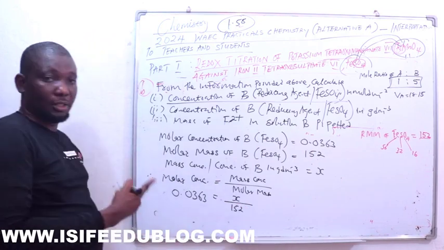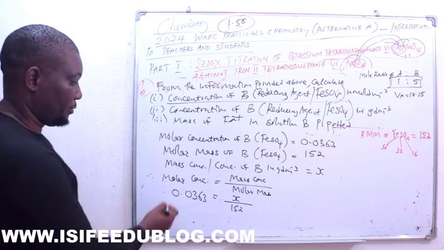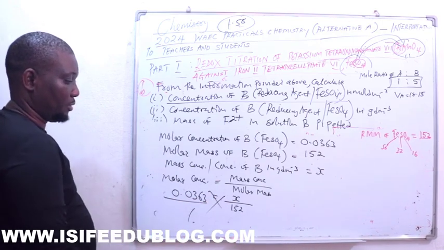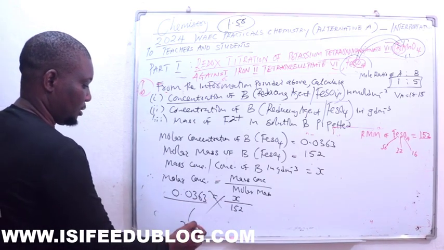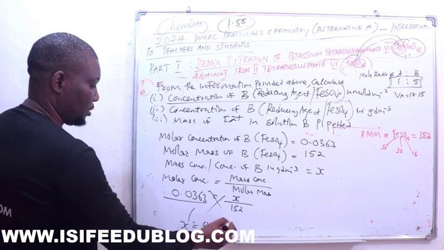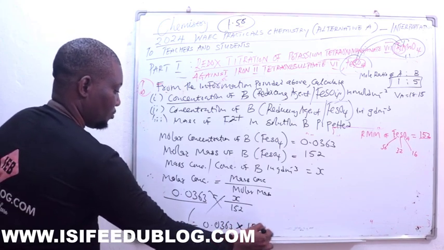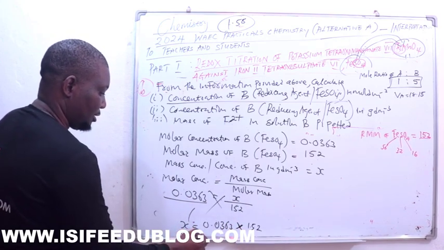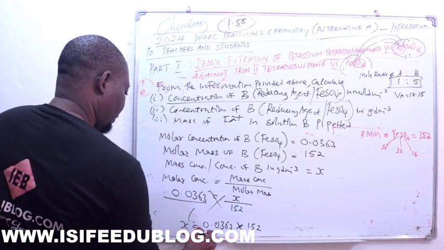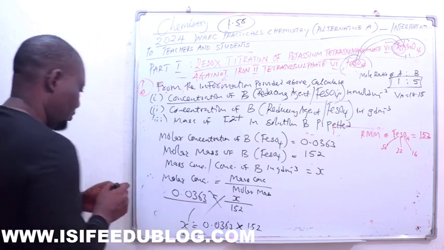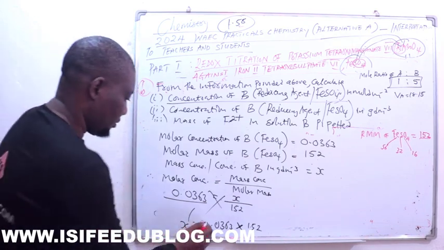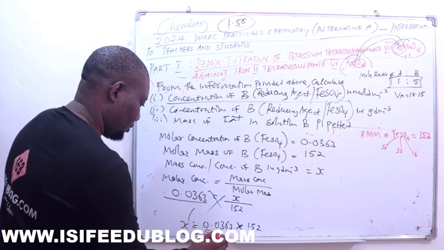Remember, this information will be given to you. So you cross multiply: X is 0.0363 times 152. So your X now is 5.5.